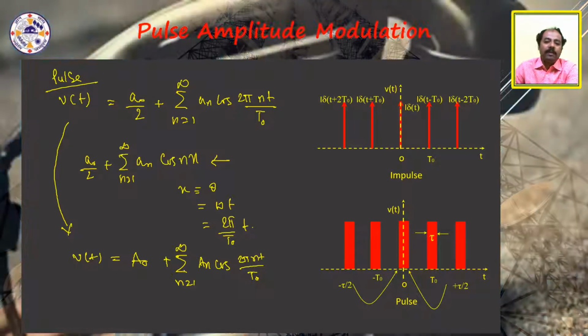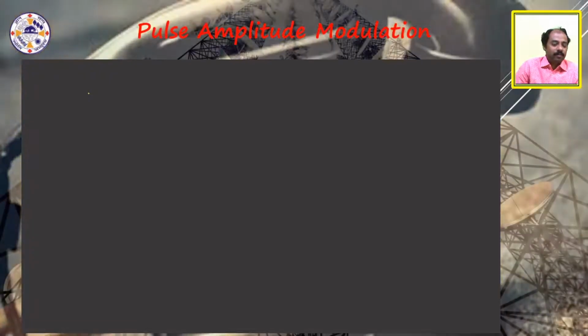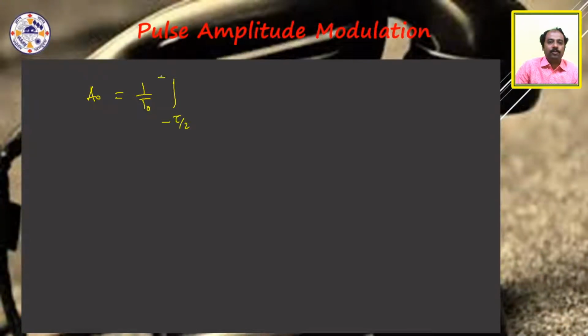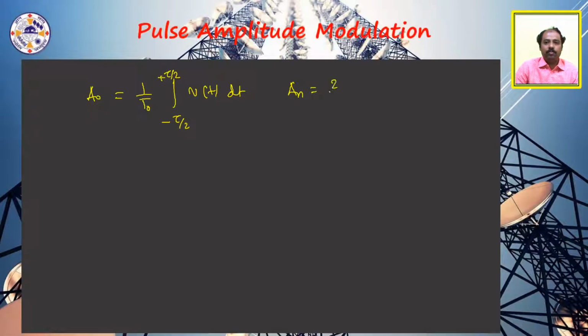So what are the values of a0 and an? We all know from the Fourier expansion, I just want to remember this expansion, that a0 is equals to 1 by t0 integration minus tau by 2 to plus tau by 2 v function of t into dt, and an is equals to 2 by t0.